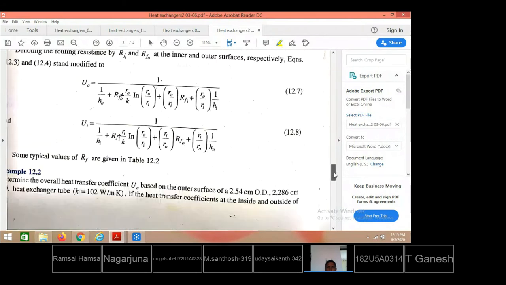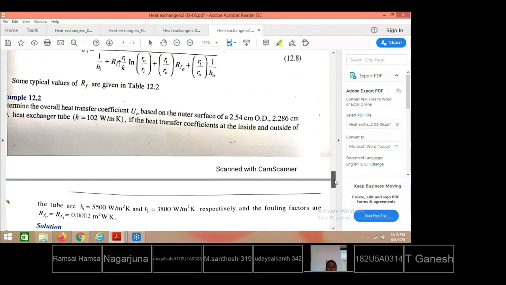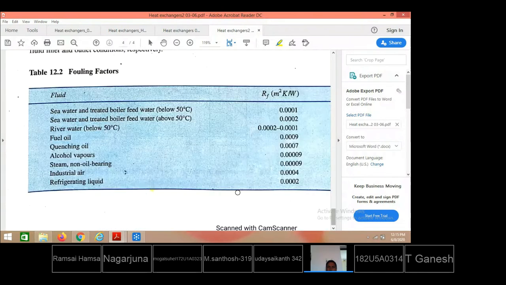with the inclusion of fouling resistance also. Fouling resistances for various combinations of materials are taken like this. Suppose seawater is allowed to flow through boiler tubes below 50 degrees centigrade, how much Rf value should be taken? When fuel oil flows through a tube, how much Rf value is to be taken? When alcohol vapors flow, how much?